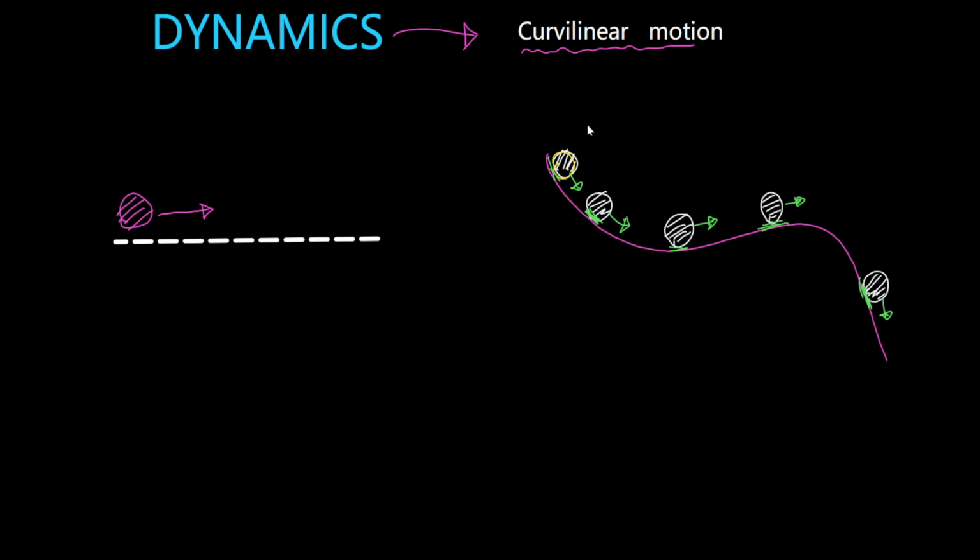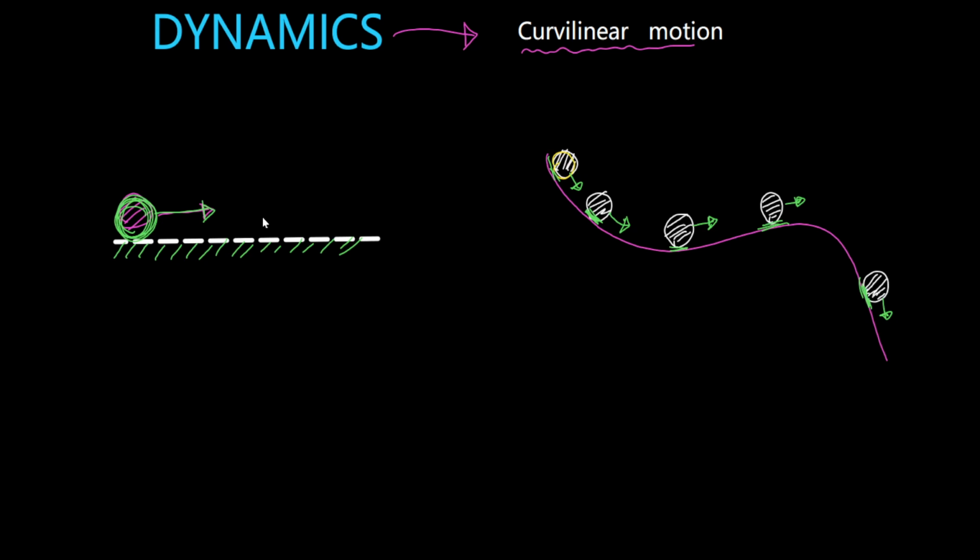For curvilinear motion or any motion, here also the velocity is along the straight line, along the path. So the motion of the object is possible only when the velocity is along the path.